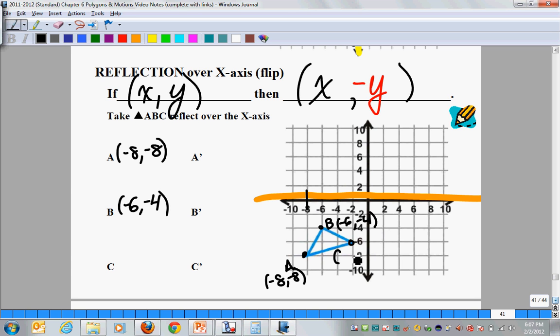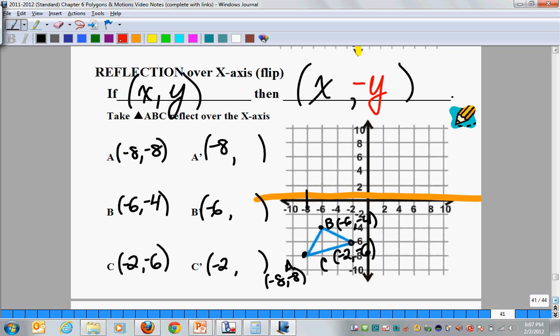And then C is going to be -2 and -6. So we're going to opposite the y to flip it over. So keep the x's the same. Now simply opposite the y component. So that's going to be 8, 4, and 6.